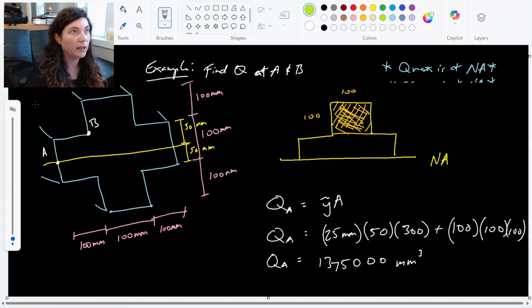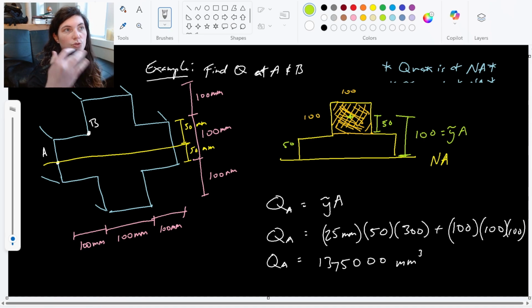So my centroid, right in here, I know is 50 up from the cross, but the y tilde is measured to the neutral axis. This distance is 50, so it's going to be 50 plus 50, which is 100, is my y tilde for this shape. Right, centroid of the shape to the neutral axis. That's our y tilde.